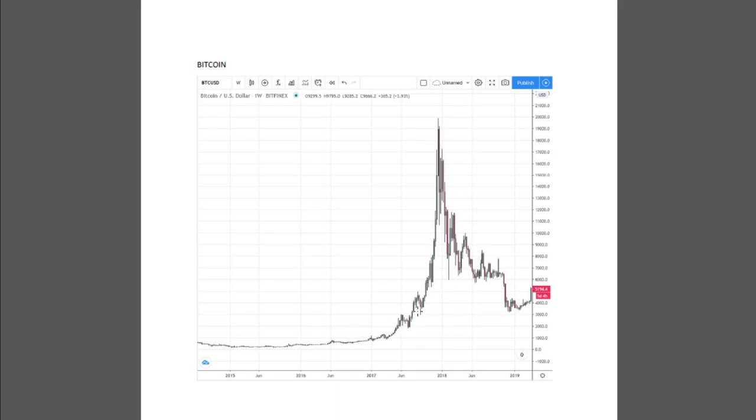And the price action is a classic look. This is the one you want to print out and put on your wall. Because if you can understand this price action and how it took place, and the fact that right at this peak, literally on the day that the futures started trading, that was the peak in the market. So it's a classic one from a standpoint of the way it accelerated.